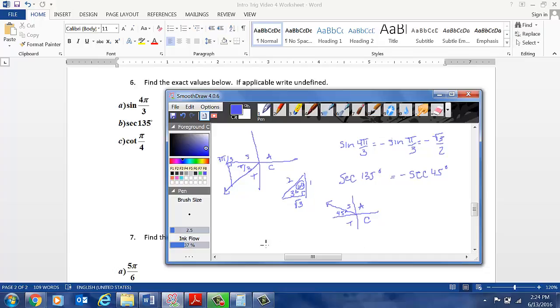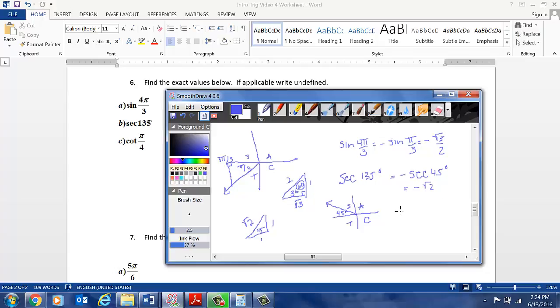So thinking about that special triangle, 45, 45, 90, secant, ooh, I wrote a 3 instead of a 2. Secant would be hypotenuse over adjacent, so this would be negative square root 2.